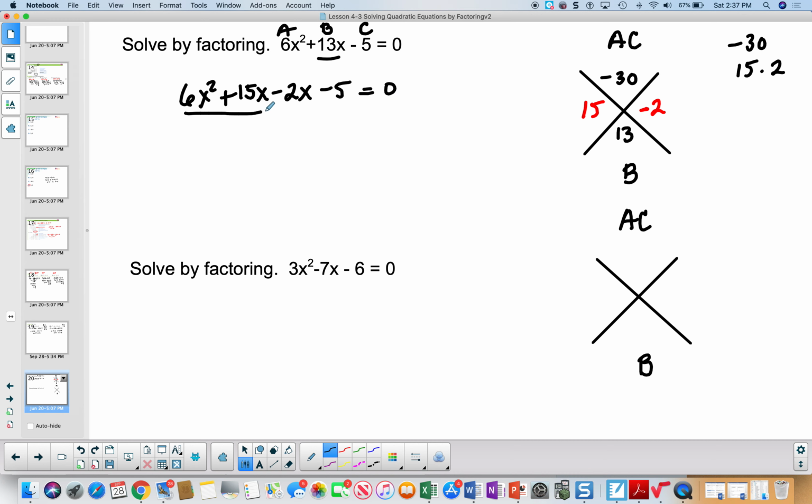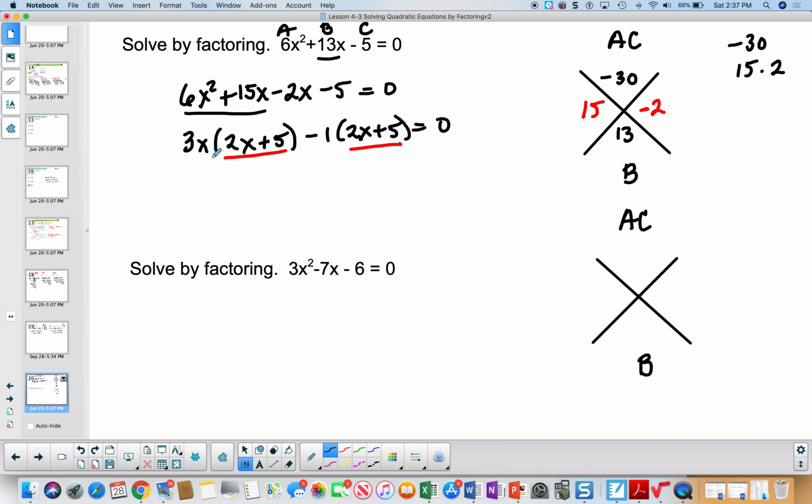Now I'm going to do grouping right here. The GCF is 3x, and then this is going to be 2x plus 5. And then right over here, I'm going to factor out -1, and then this is 2x plus 5. The idea is to try to get the same binomial here, and I have.